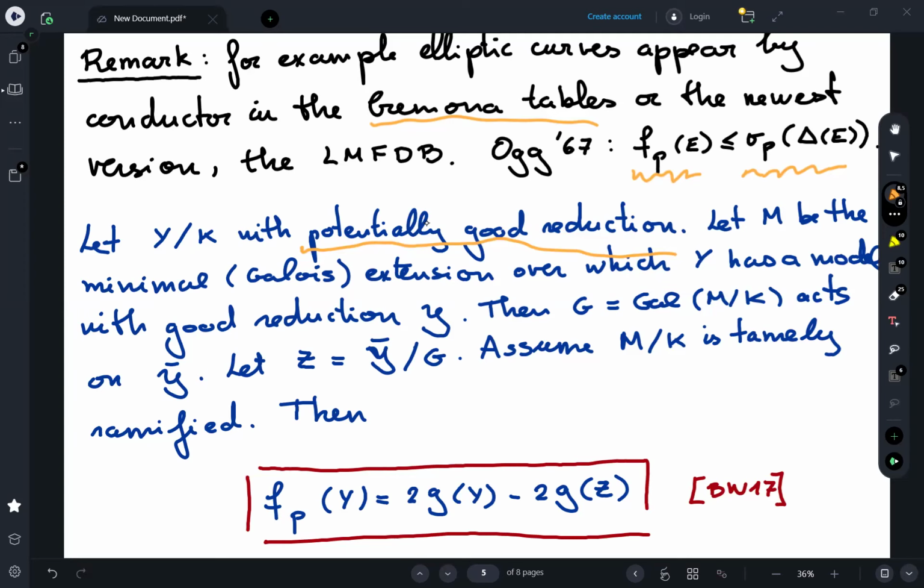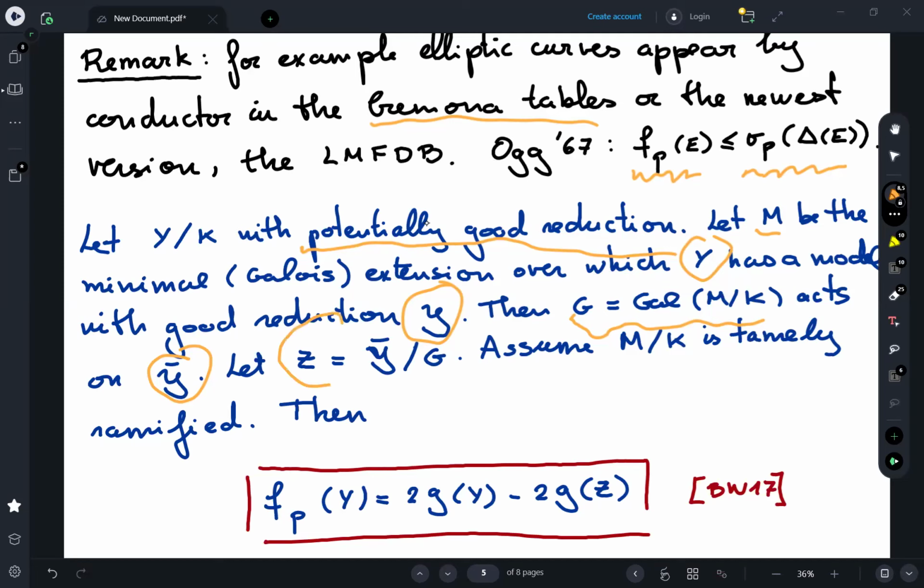Then what we do is consider the minimal extension over which the curve has a model with good reduction. I call this model Y; you can think of it as a stable model. And then we get a natural action of the Galois group of this extension on the special fiber of the model. This is going to give us a subgroup of the automorphism group of this curve.